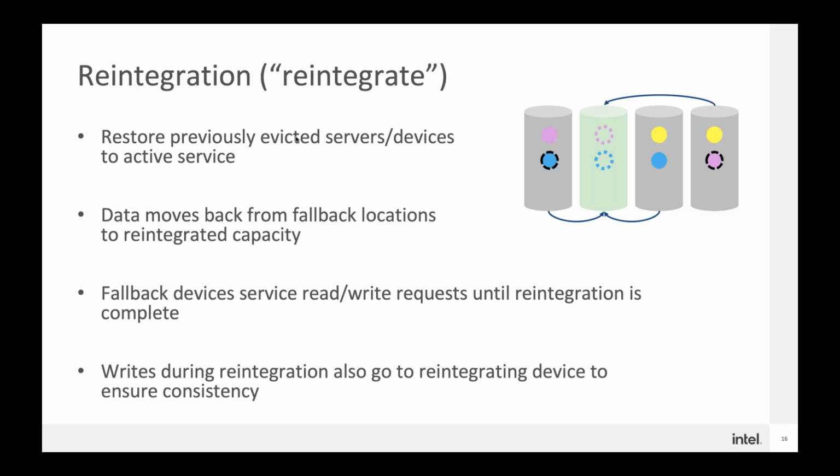In this case, if an administrator brings back the failed server or engine, then all the rest of the engines should scan their local objects and find out if some of their objects should be moved back to the server being reintegrated. They will send IDs of those objects back to the engine being reintegrated. That engine will eventually pull those data objects back to its local storage.